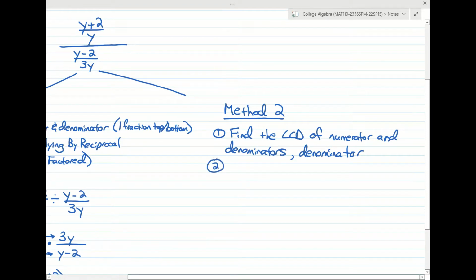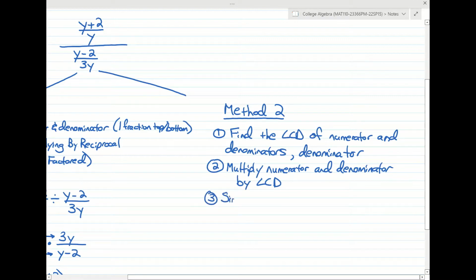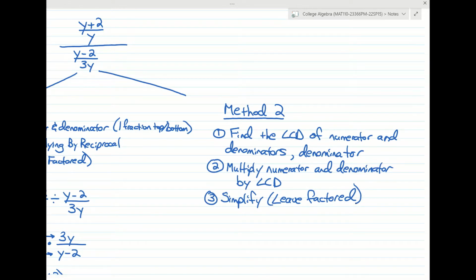Second step is that we multiply the numerator and the denominator by that LCD. And the third step is that we simplify. We just leave it factored. It might be a little quicker to do the second technique, but it's a little more advanced.